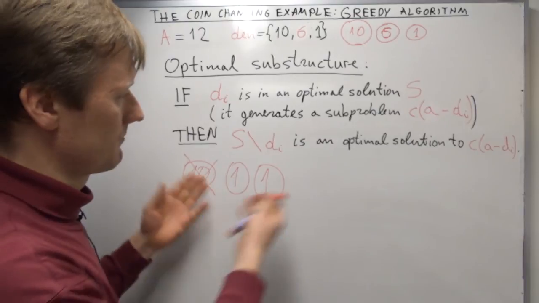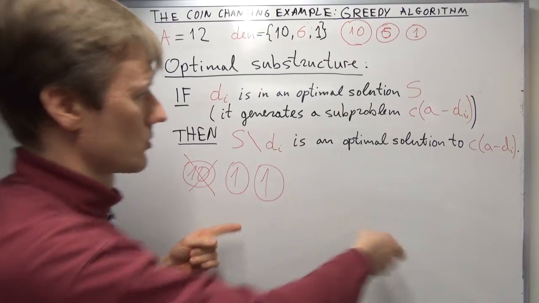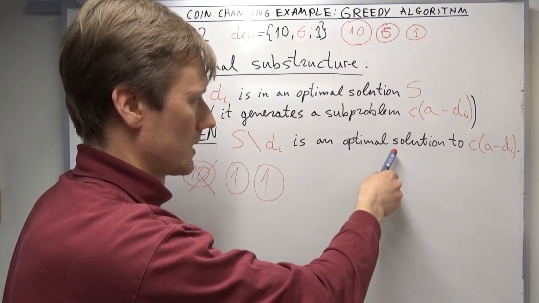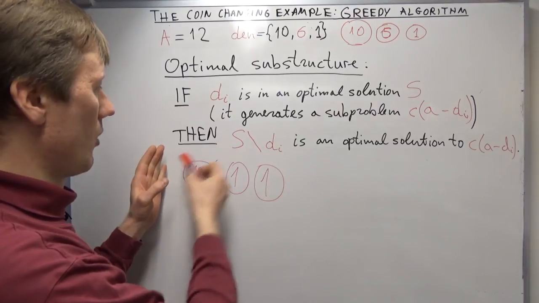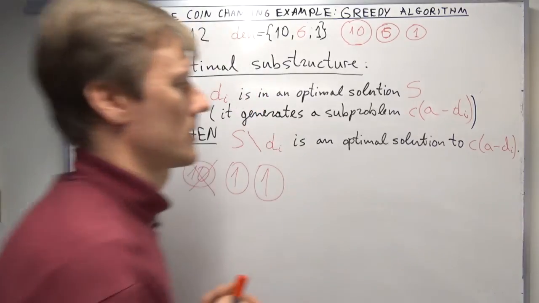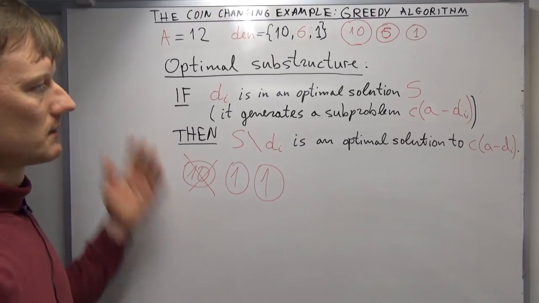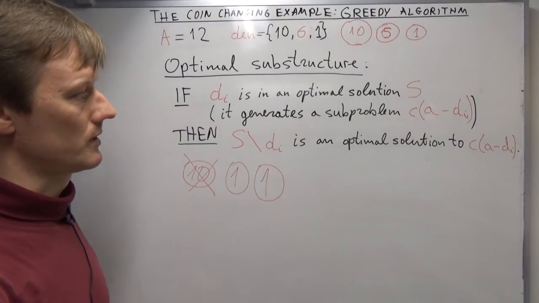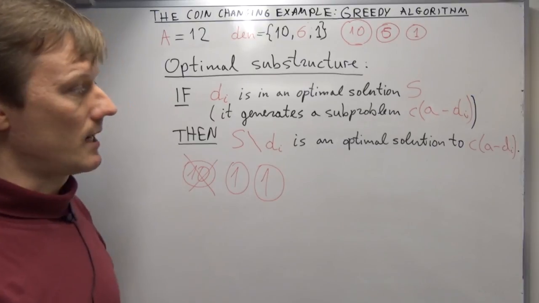You can show this by this cut and paste argument. If this were not an optimal solution to this, then we would improve the whole S by replacing this part with a better solution to this one. So that works in this case, the cut and paste argument, but in general it may not work, as I have shown in the lecture for the examples of the longest simple path in a graph or a clique.